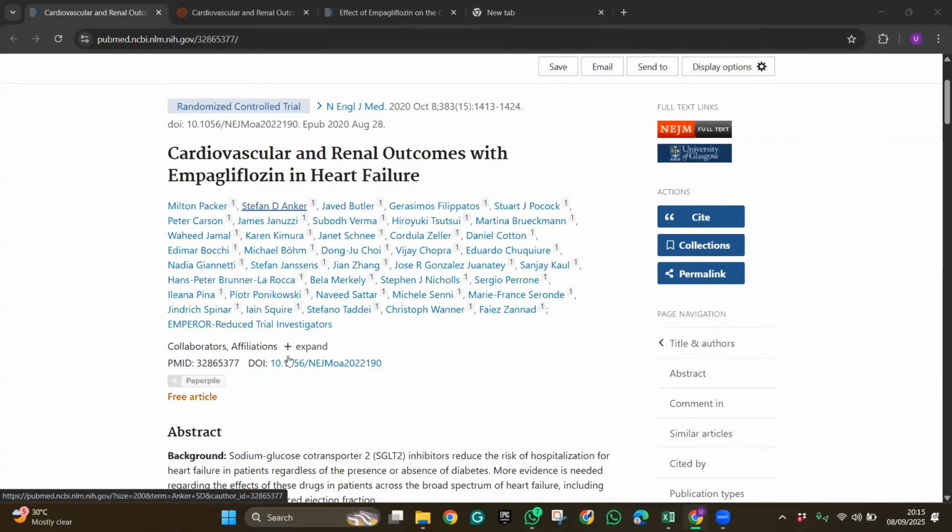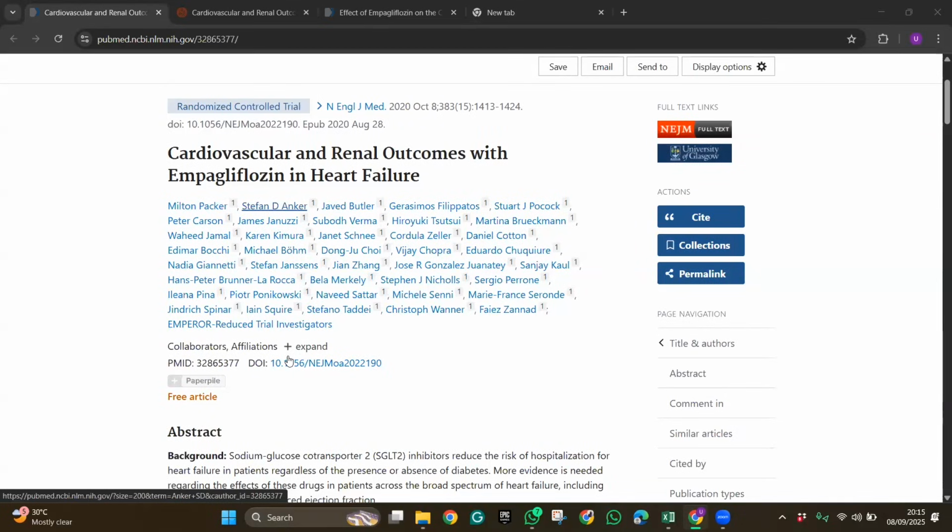The outcome of interest in this study is cardiac events, and the intervention is empagliflozin, right? Empagliflozin is basically an SGLT2 inhibitor, which is given for heart failure patients. So in this study, heart failure patients were taken and exposed to an intervention group, which was empagliflozin. And the outcomes that were assessed were cardiovascular and renal outcomes, right?